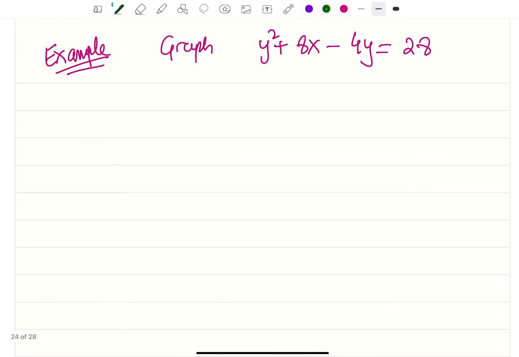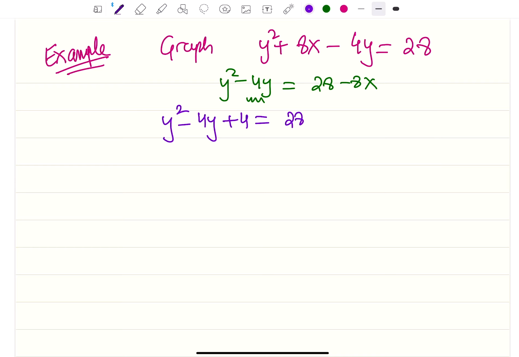Another graph, this one does not look like it's in a very good shape. So first we want to complete the square and put it in a nice form. So we can add half of this number squared to complete the square. That would be y squared minus 4y plus 4 equals 28 minus 8x plus 4.